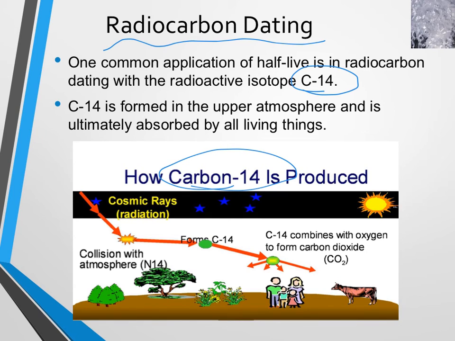Anything that lives and goes through the respiration cycle gets a certain amount of carbon-14 incorporated in their body, along with the carbon-12, the more common. But as soon as somebody dies and they stop respirating, they don't take in any additional carbon-14, and the carbon-14 that was in their body starts to decay with first-order kinetics. And so depending on how much is left, scientists can determine when they died.